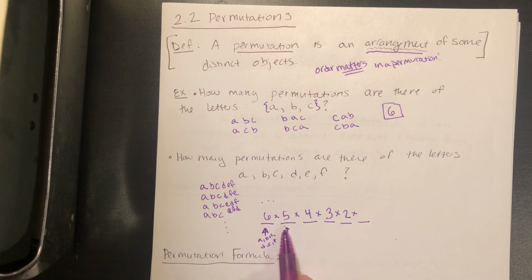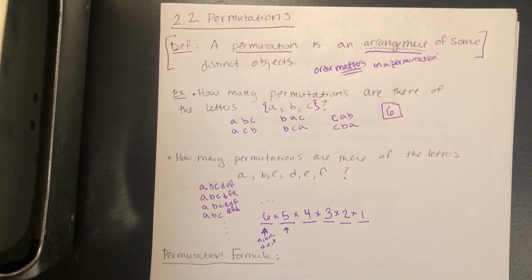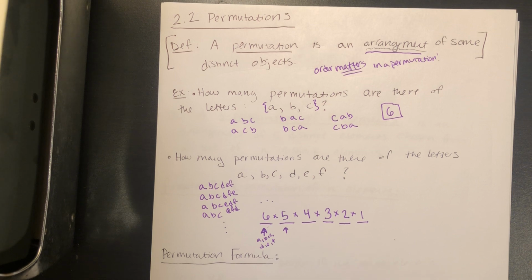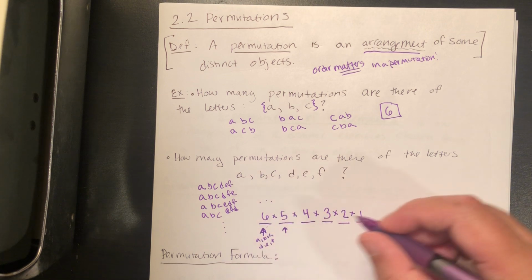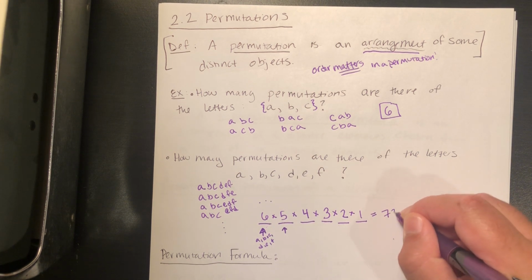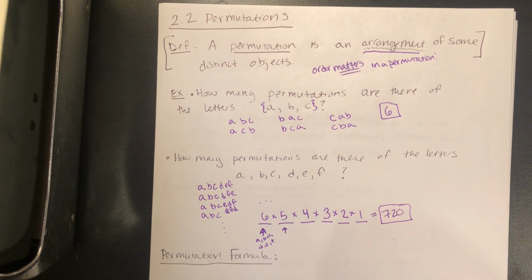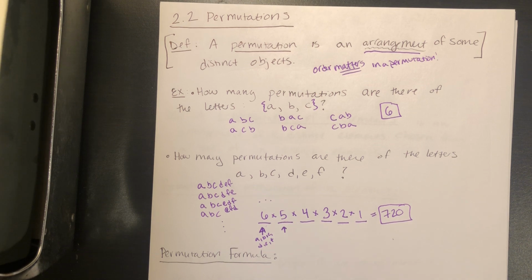And if you've chosen the first 5 letters in your string, you only have 1 letter left, so you have 1 option here. So how many different permutations are there? It's 6 times 5 times 4 times 3 times 2 times 1, which is equal to 720. It's a good thing I didn't try to list them all, right? It grows very quickly. The more elements you add, the number of permutations grows very rapidly.